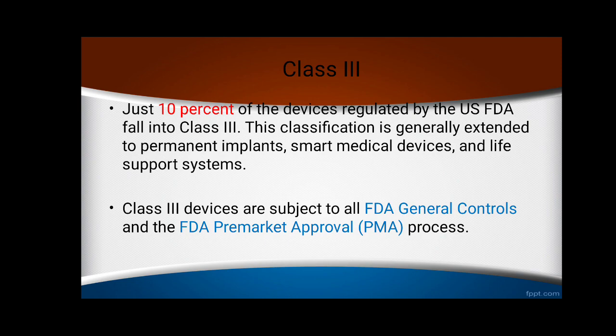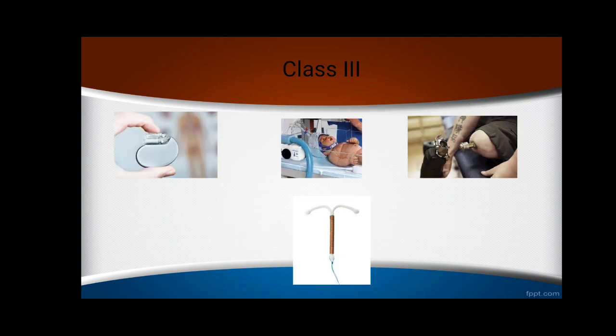Class 3 devices are subject to all FDA general controls and the FDA pre-market approval PMA process. Examples of Class 3 medical devices: pacemakers, cooling cap, implanted prosthetics, IUD birth control.